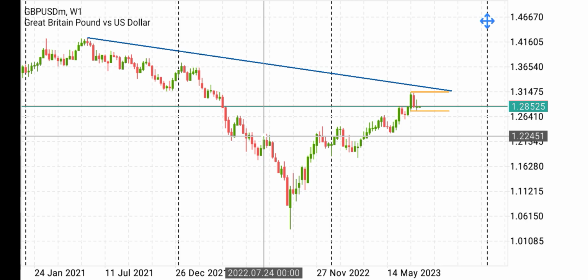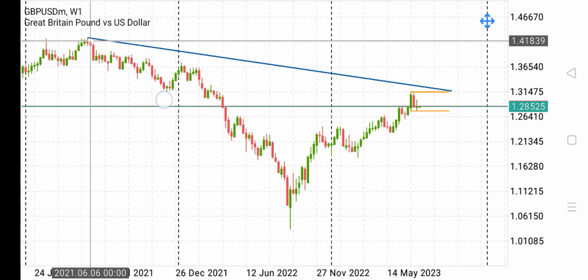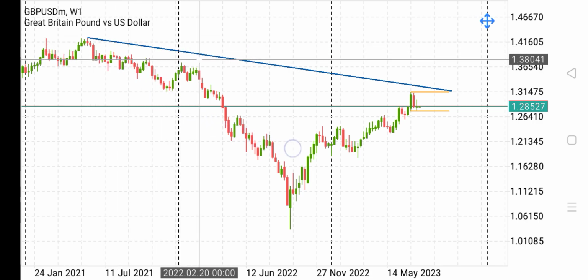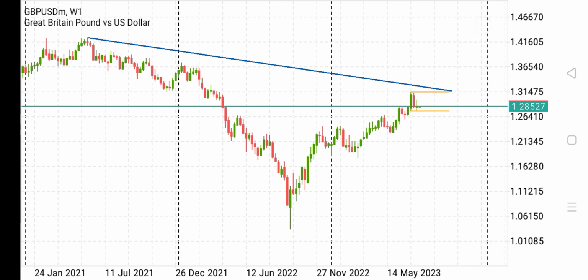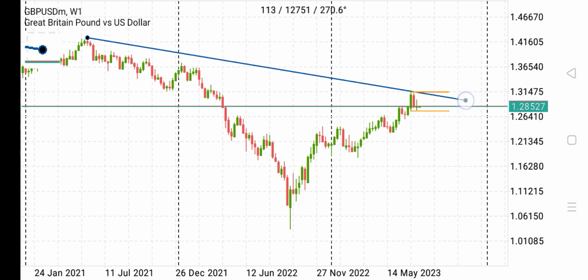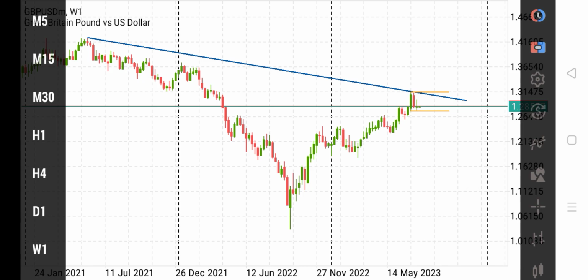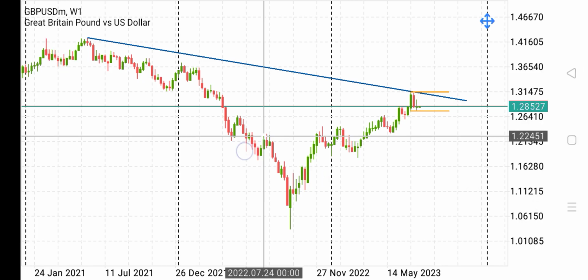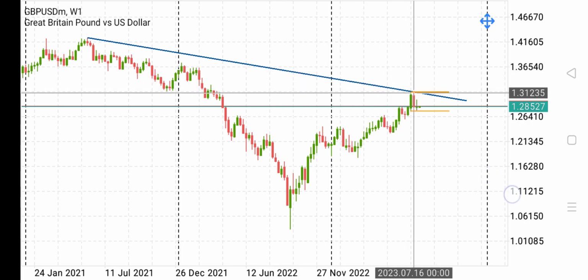You find out that we have a trend line from this top down to this bottom. Let me draw that trend line very well. Yeah, that is it. That is our trend line, from this top down to this bottom.